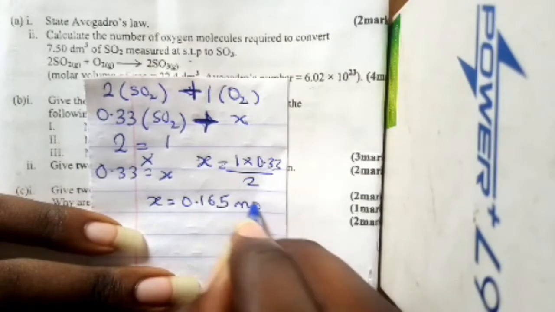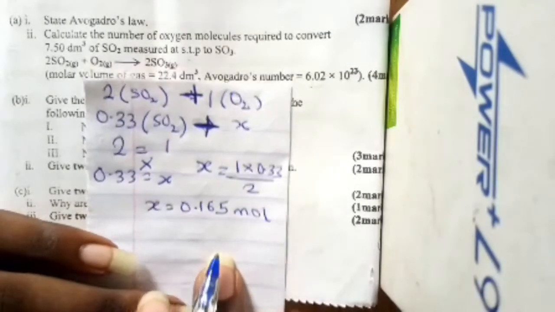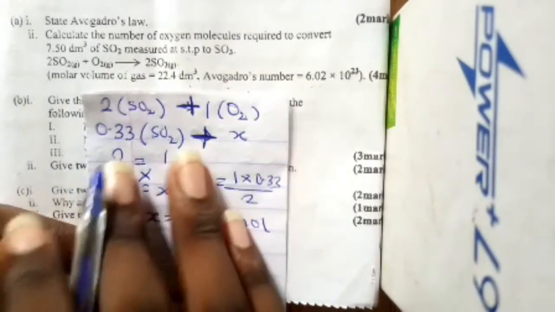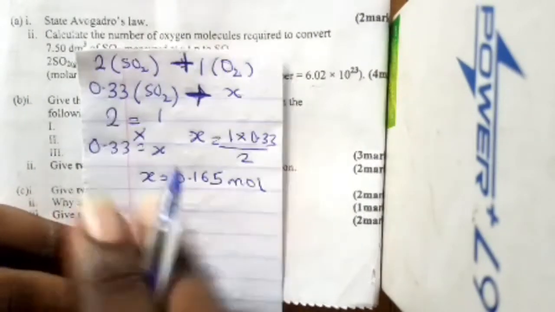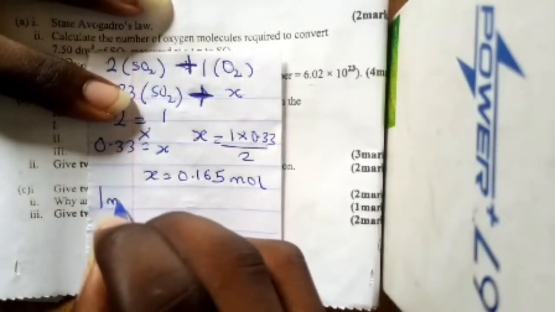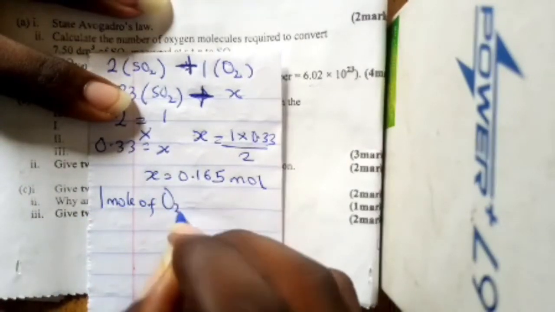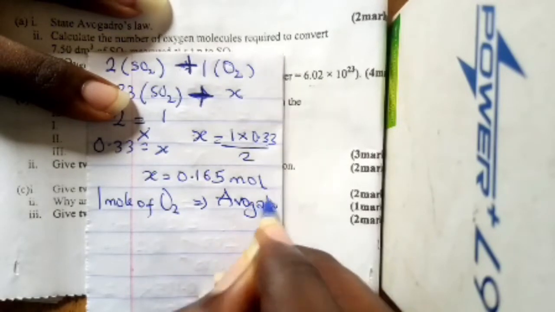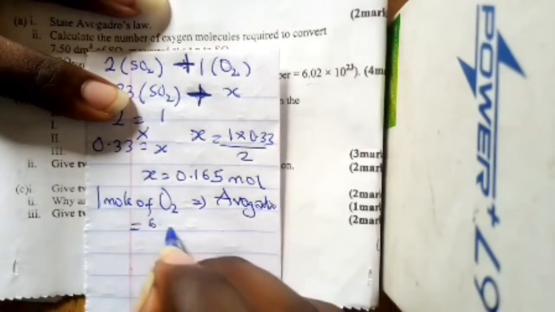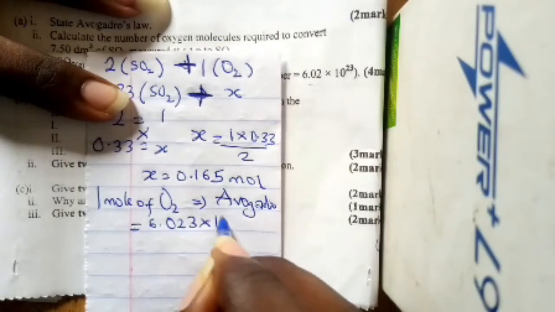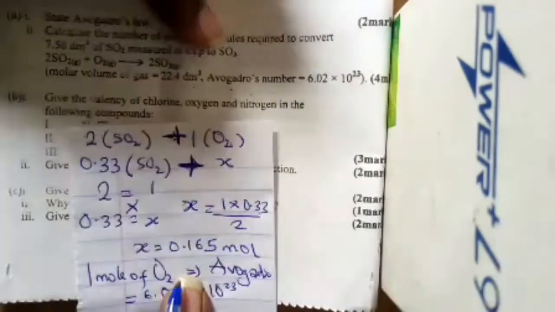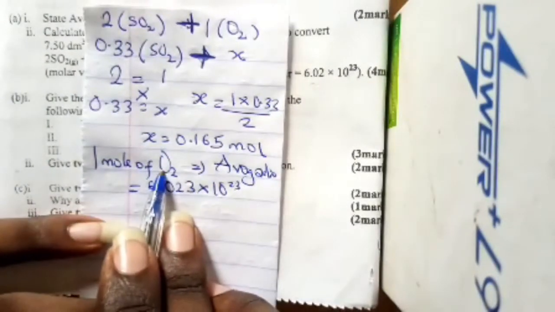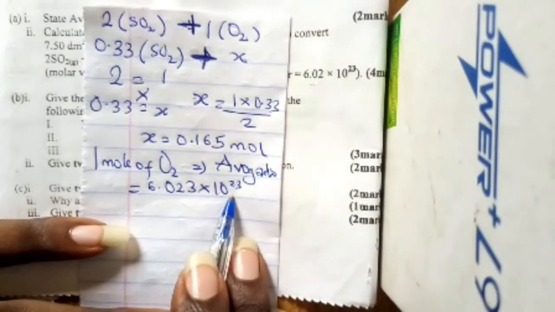So that gives us 0.165 mole of oxygen. So the number of oxygen molecules required now is what we need, but we know the number of moles. Now if you recall, 1 mole of oxygen is equal to Avogadro's number, that is 6.023 times 10 raised to the power 23, which we are given here. So 1 mole of oxygen contains this number of molecules.